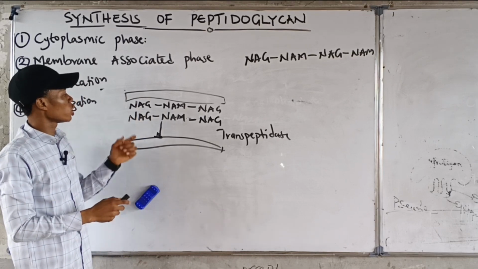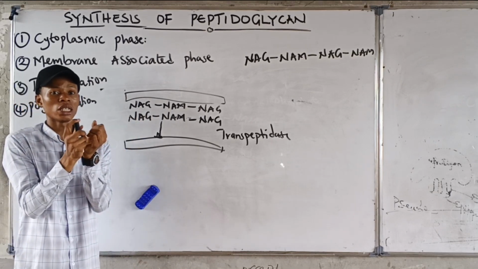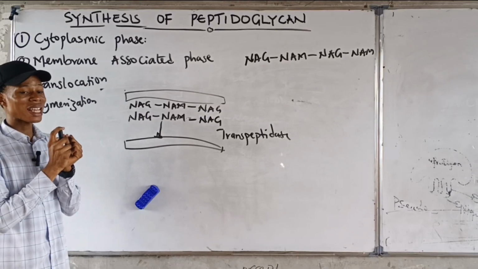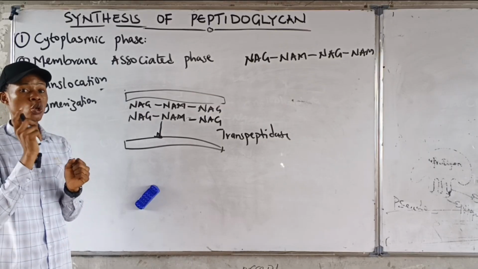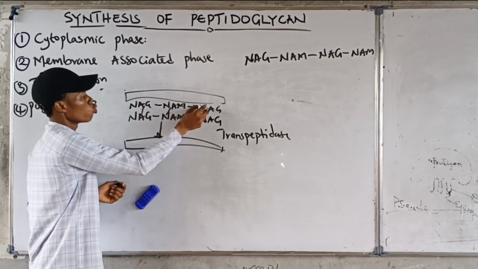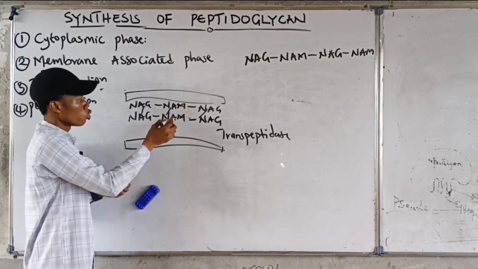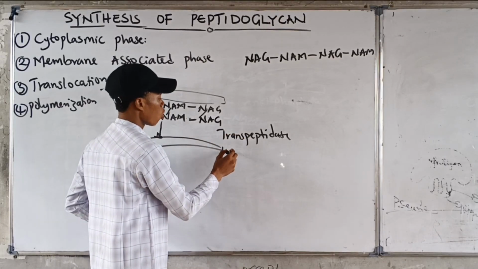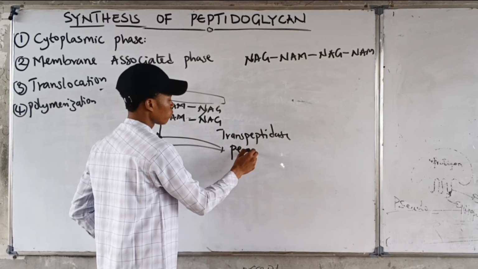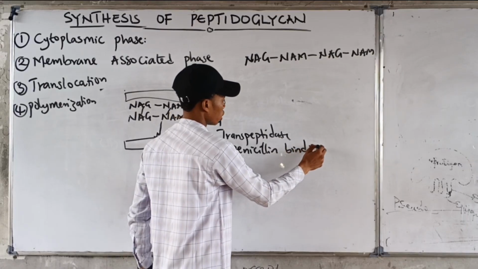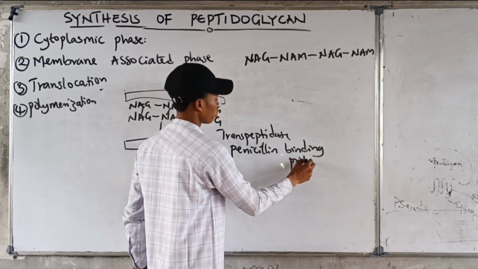And these two chains will be linked together to make the peptidoglycan strong. So the last step in peptidoglycan synthesis is cross-linking. So NAG and NAM, these two chains will be linked together. And the enzyme doing that is called transpeptidase or penicillin binding protein.